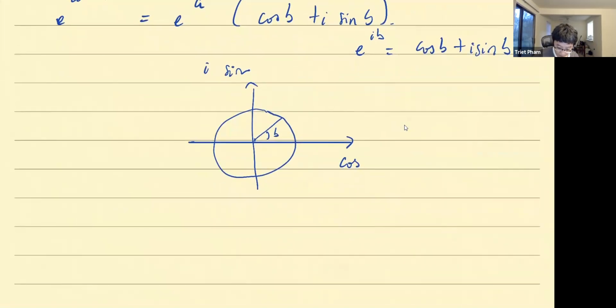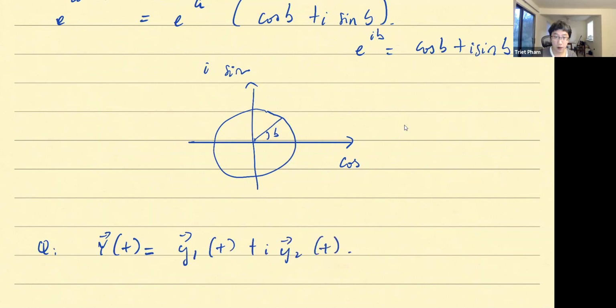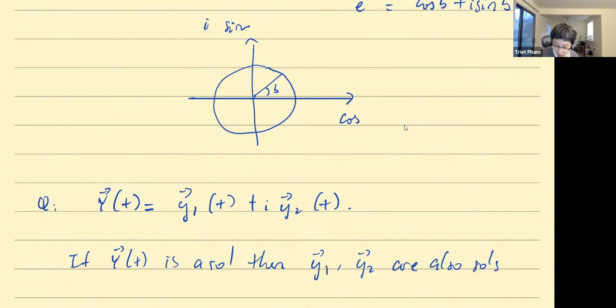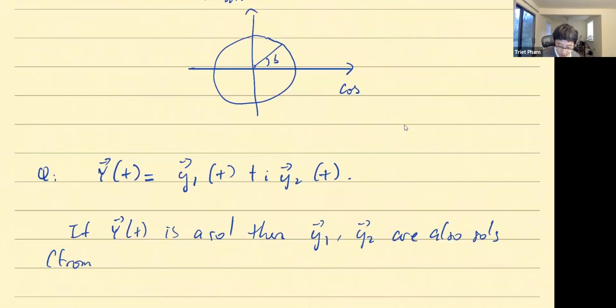Last time we did say this: suppose y of t has two components. If y of t is a solution, then y1, y2 are also solutions, from last time.